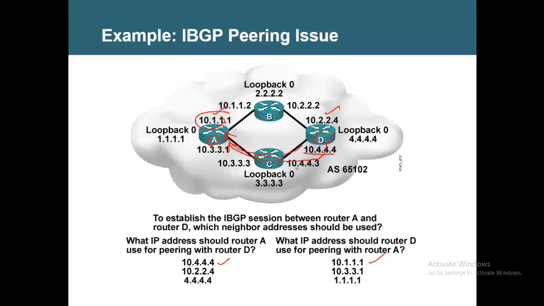Please answer. If D is using this path, what will be the source address? 10.4.4.4. Is 10.4.4.4 matching with the neighbor? The neighbor address you configured is 10.2.2.4, isn't it? It's not matching. So what will happen according to what we learned on the previous page? The neighbor packet will be ignored.